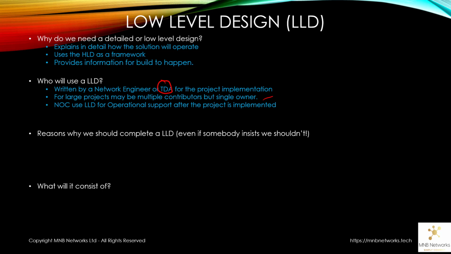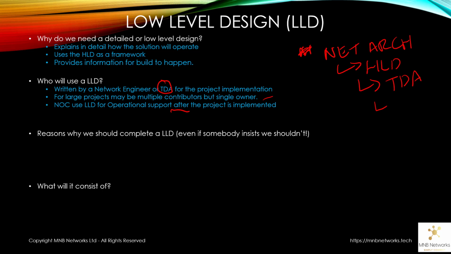So who else will use it? The Network Operations Center might use the LLD for operational support and troubleshooting after the project is implemented. So what normally happens is the network architect hands over the HLD to the TDA, and the TDA hands over the LLD to operations.